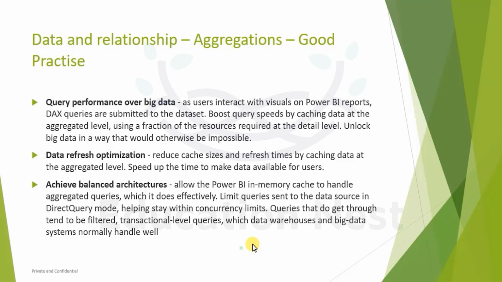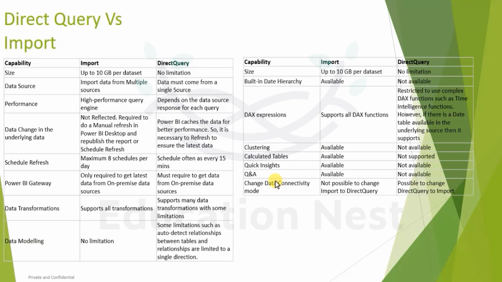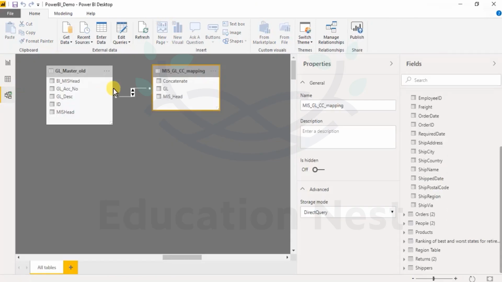Coming back to our PowerPoint slide, if you go back, on change of data connectivity, as I said, it is not possible to change import to direct query, but it's possible to change direct query to import. So let's do one thing. Let's check, is it possible to change import to direct query? If I go back over here, I know I have imported 2 tables today.